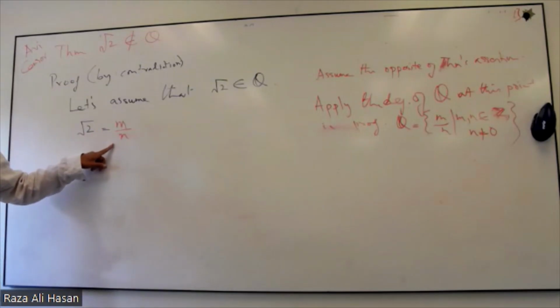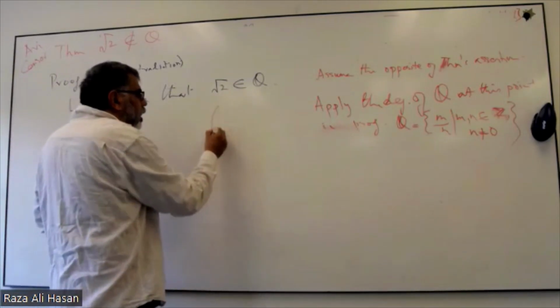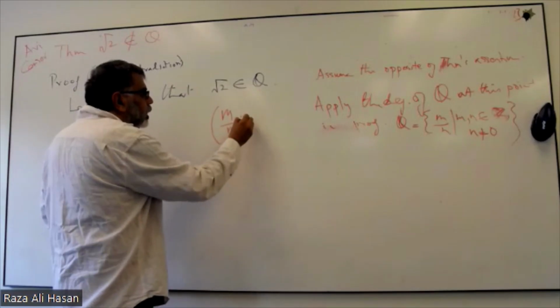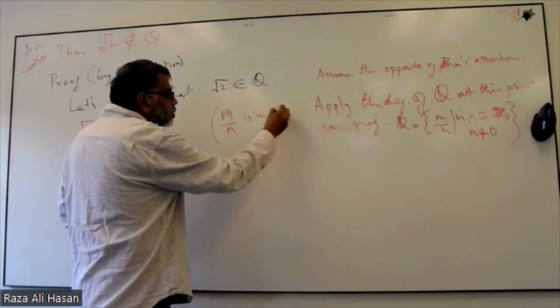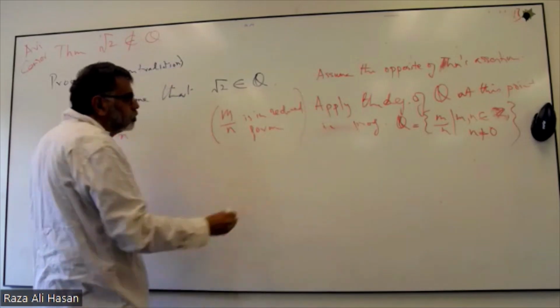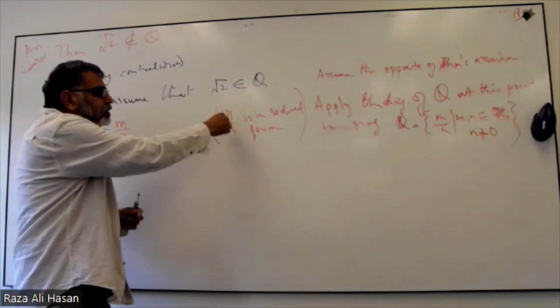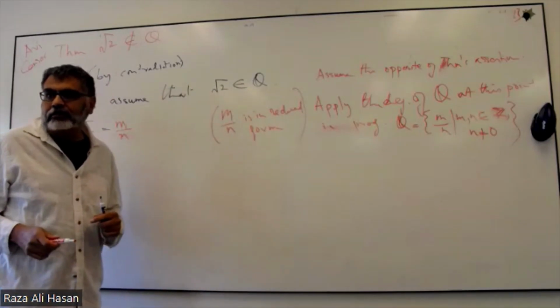And so we have to make another assumption. We're going to assume that square root of 2 is equal to m over n, where m over n is in reduced form. Reduced form means that we can't cancel common factors out of it.